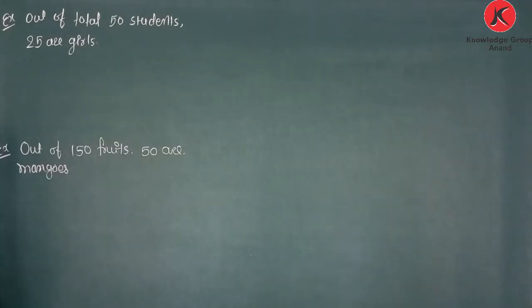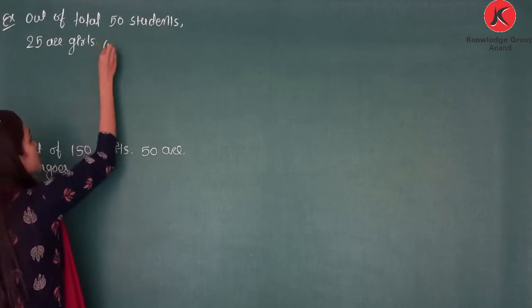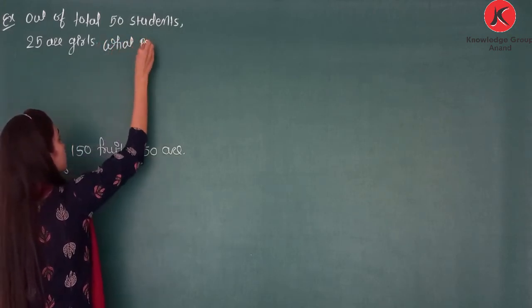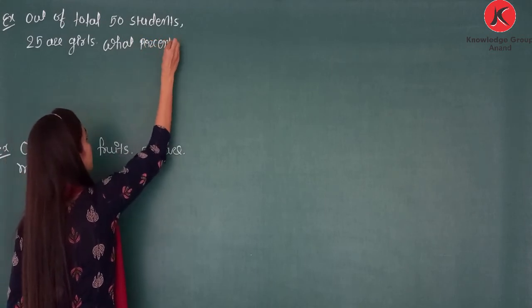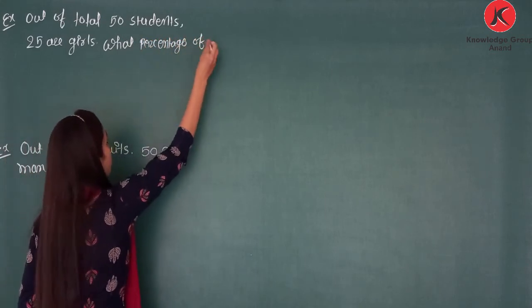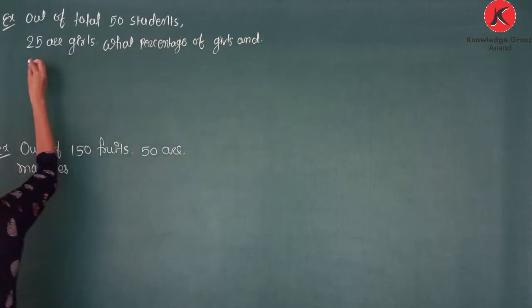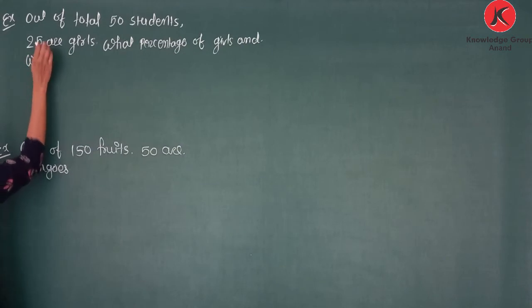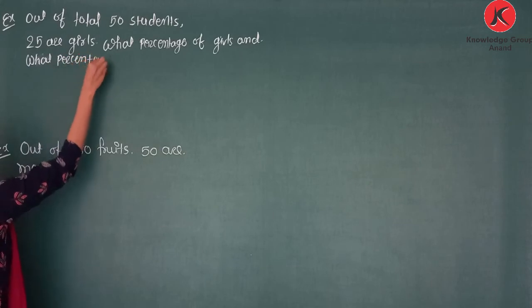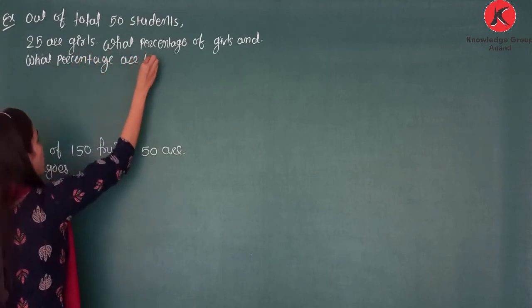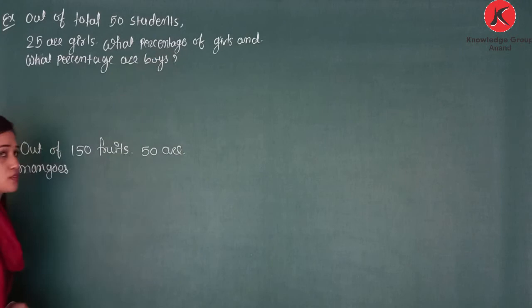Now, sometimes statements are given and you need to find the percentage. So your question is: out of total 50 students, 25 are girls. What percentage of girls and what percentage of boys? This kind of question again can be asked for MCQ.